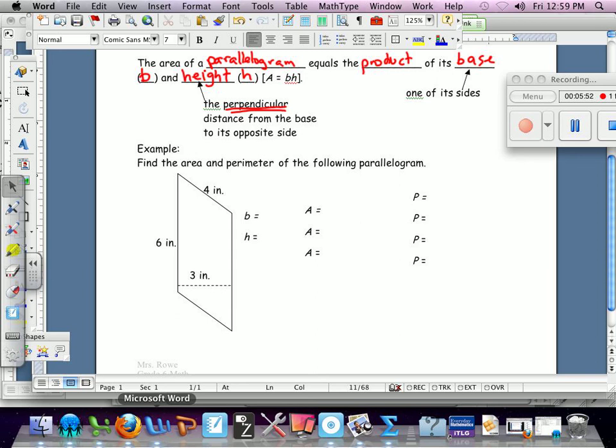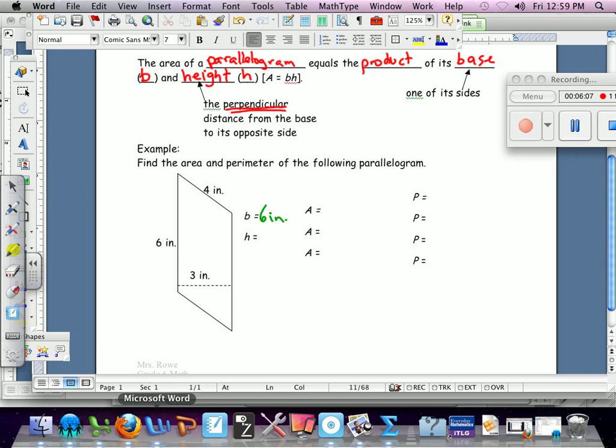Yes, sir. The base is going to be 6 inches because what perpendicular distance from 6 inches to the across the way 6 inches do we know? What's the height? 3 inches.